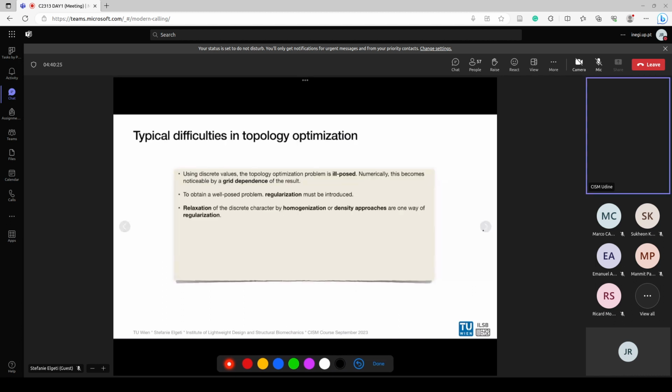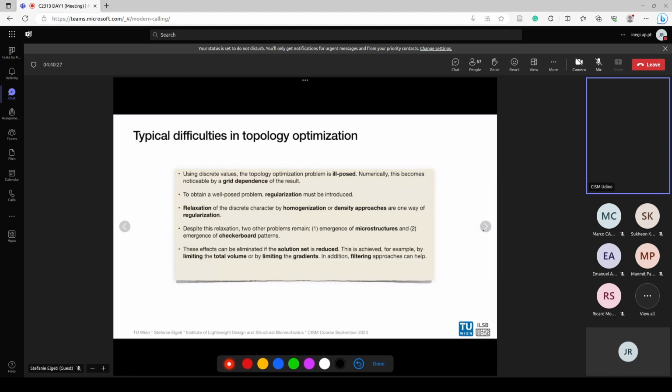There's a number of very typical difficulties in topology optimization. So we have these discrete values. So the problem is generally ill-posed. And this becomes particularly noticeable in grid dependence of the result. If you use a different mesh, you will get a different result, most likely. So you need some kind of regularization.